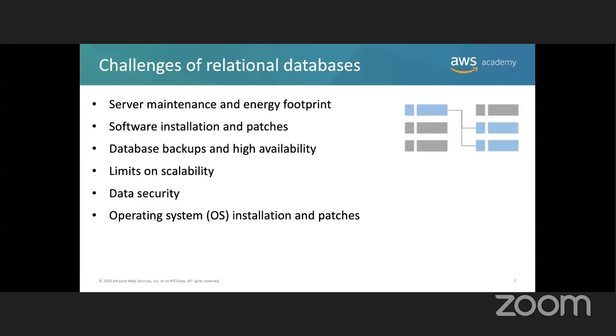You even have to do probably most of this or all of this if you have a database on an EC2 instance, okay? Which is almost the same as having your computer and installing SQL Server, for example, in your computer. All right? You have to install it, you will have to update it, you will have to probably troubleshoot it if there's a problem, right?